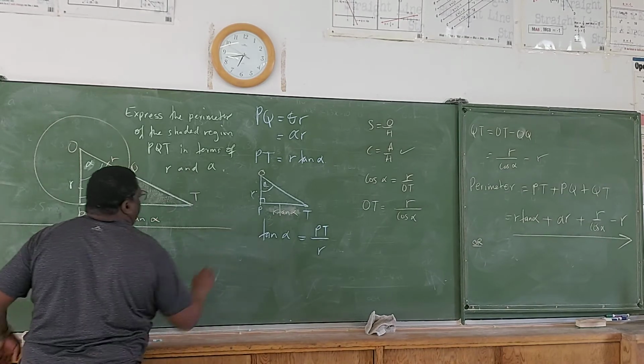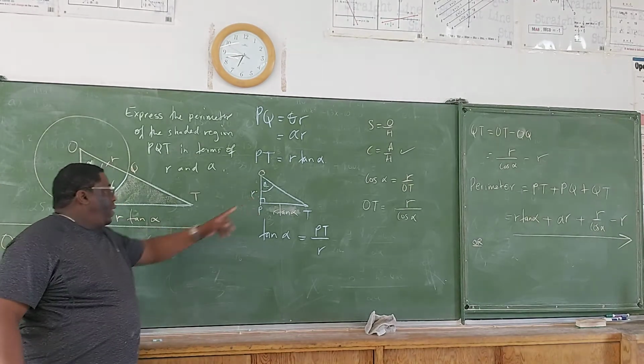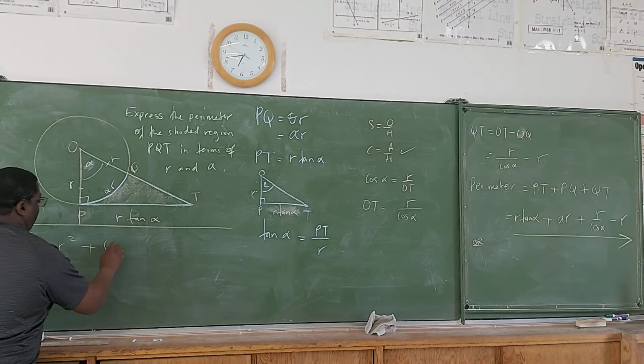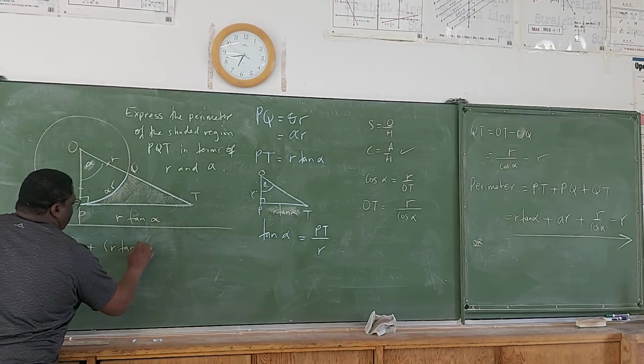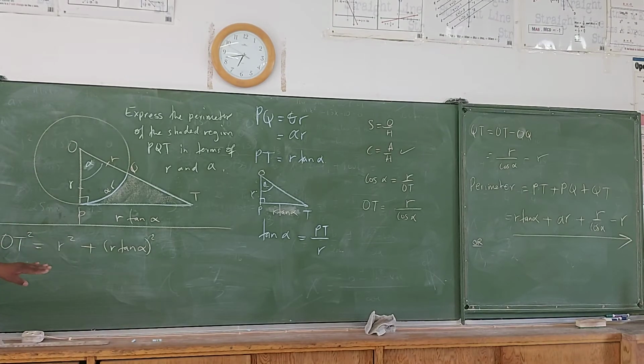Square root of what? OT squared will equal R squared plus R tan alpha squared. Are you with me so far?